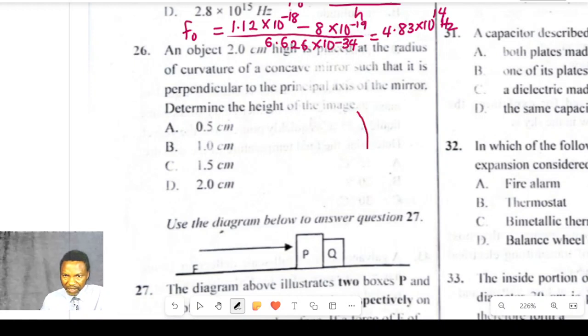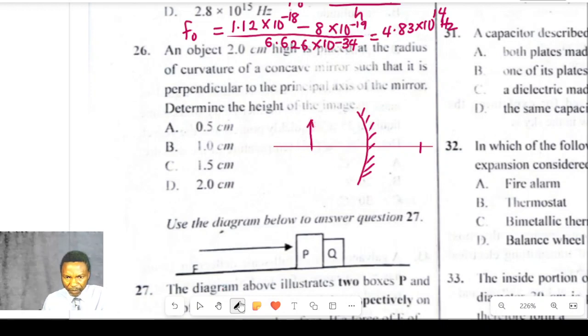So if this is the mirror, a concave mirror, this part is shaded. Then you have the principal axis. Then you have the radius of curvature here, r, and an object is placed at r.